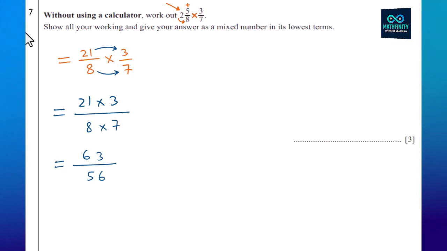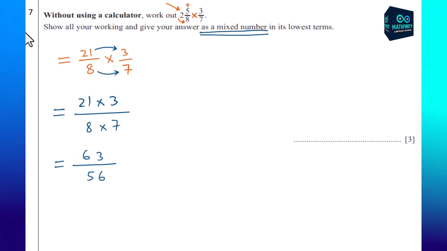Then you have to read the statement. They said give your answer as a mixed number in its simplest form. So first we will check, can we divide both the 63 and 56 with the same table? Yes, numerator and denominator both we can divide by table 7.